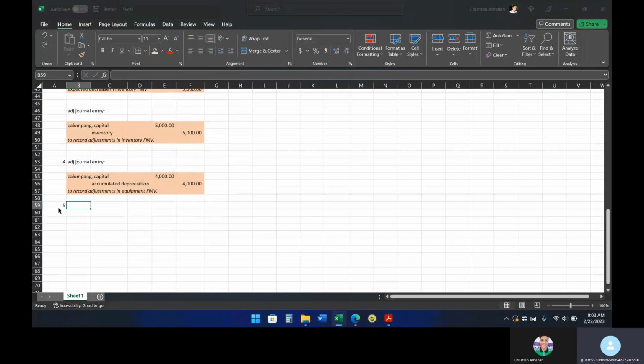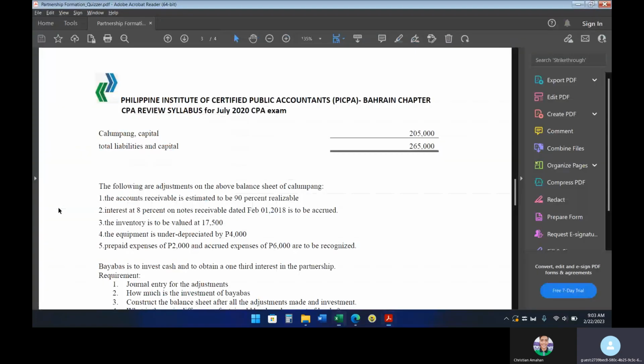Adjustment number 5. Adjustment number 5 has 2 parts. We need to record prepaid expense at 2,000 pesos and accrued expenses at 6,000 pesos. We know that prepaid expense is an asset, so if we record it, we record it as a debit. And accrued expense is a liability, so we record it as a credit.